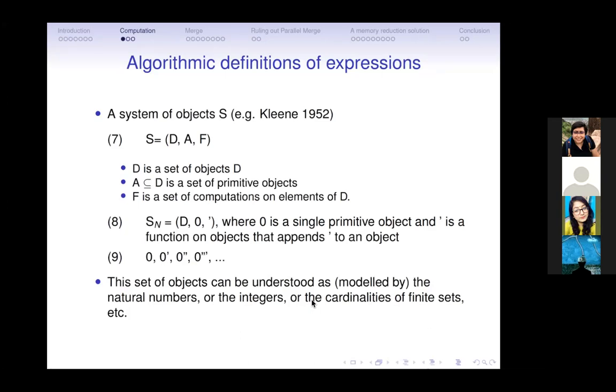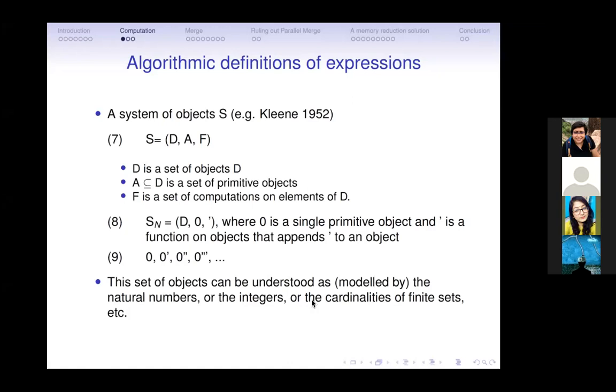So a really simple case of a system of objects from mathematics is the number series, 1, 2, 3, 4, 5, etc. Okay, and that can be given in this way by saying, okay, well, we've got D, which is the system of objects.